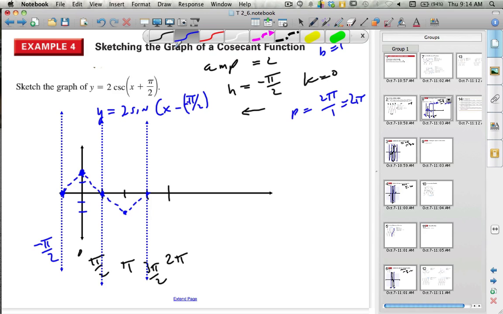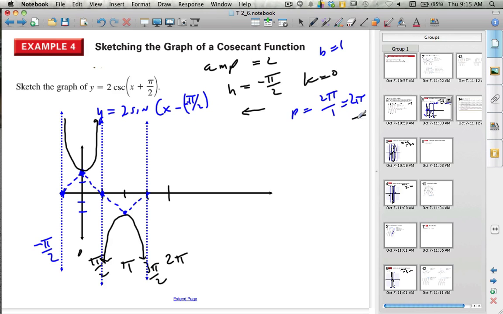And now my actual graph are going to be parabolas that come in along the asymptote, pass through, in this case, the maxima, or in this case the minima, and head back out. Okay, and that's how you graph a cosecant function. So I handled the shift when I sketched the sine function, and then all I have to add in is the asymptotes and the actual graph of the cosecant function.